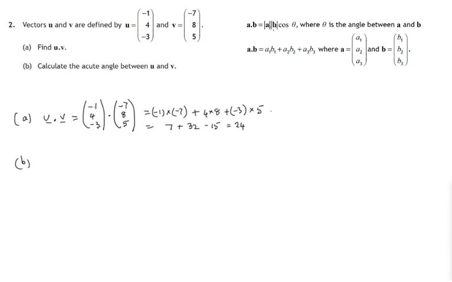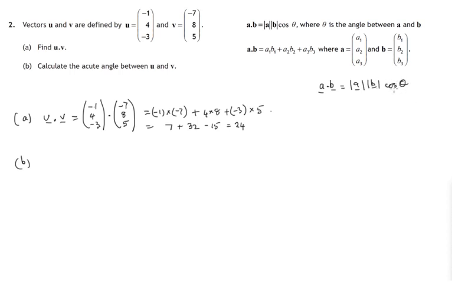There is another way of finding the dot product, and it's the length of A times the length of B times the cosine of theta, where theta is the angle between each of these.